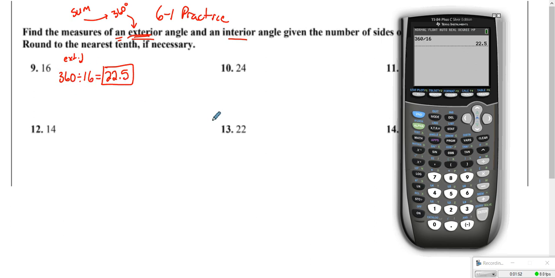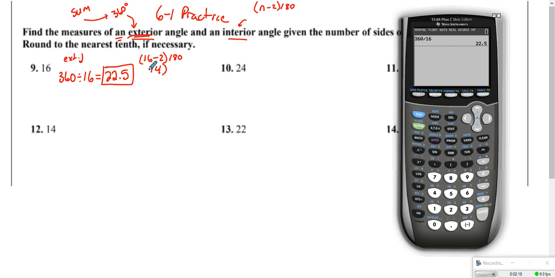We got that. Now to find the sum of the interior angles, we have a little formula. Number of sides minus 2 times 180. Number of sides minus 2 times 180. So let's do that. We're going to take the number of sides, 16. 16 minus 2. Multiply that times 180. 16 minus 2 is 14.